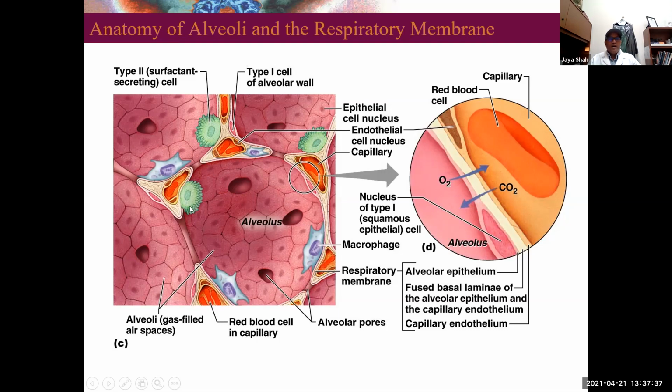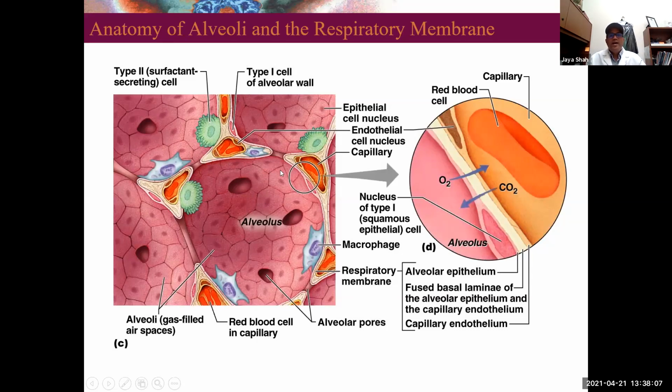Type 2 cells are few cells in the alveoli which produce surfactant, a fatty substance like lecithin and phosphatidylcholine that covers the alveolar surface and prevents collapse of the alveoli. When type 2 cells die, they regenerate from type 1 cells.